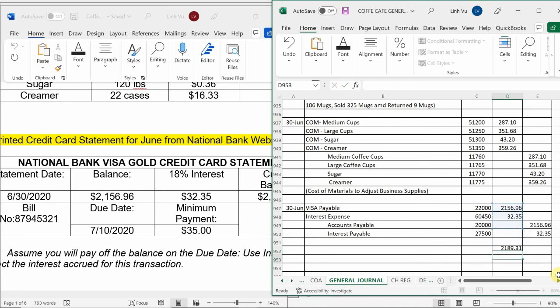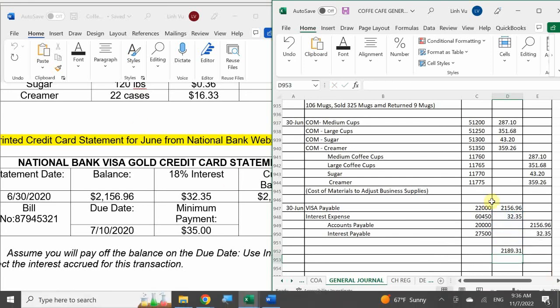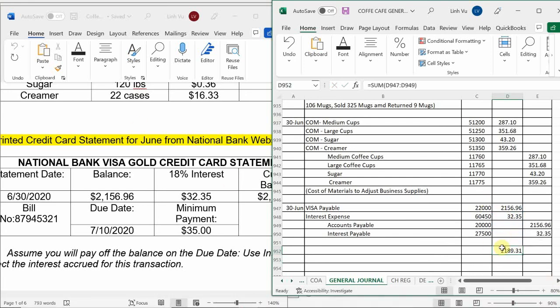Which is $2,189.31, which should be the same. Oh, that's right, because I didn't copy all of it down in the formula. Okay, well, this should be the same because I just copied and pasted on both sides.